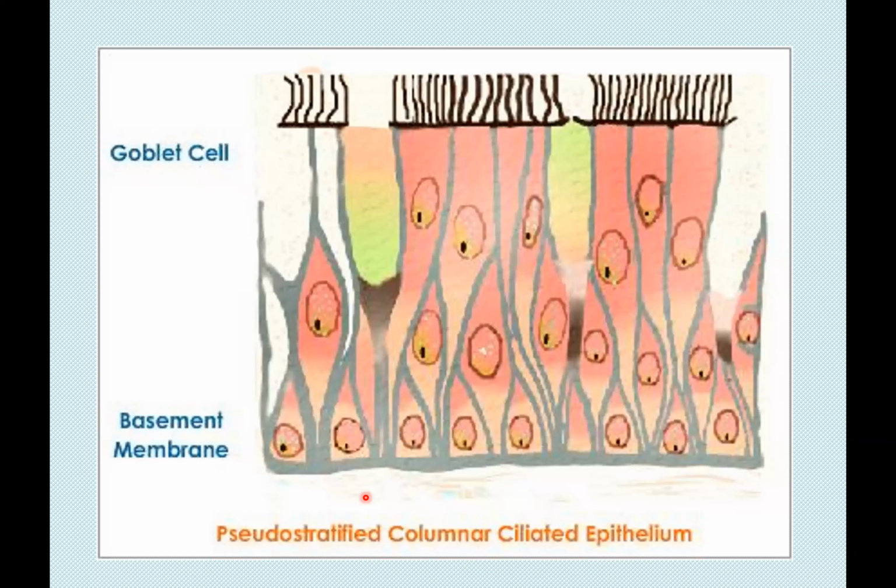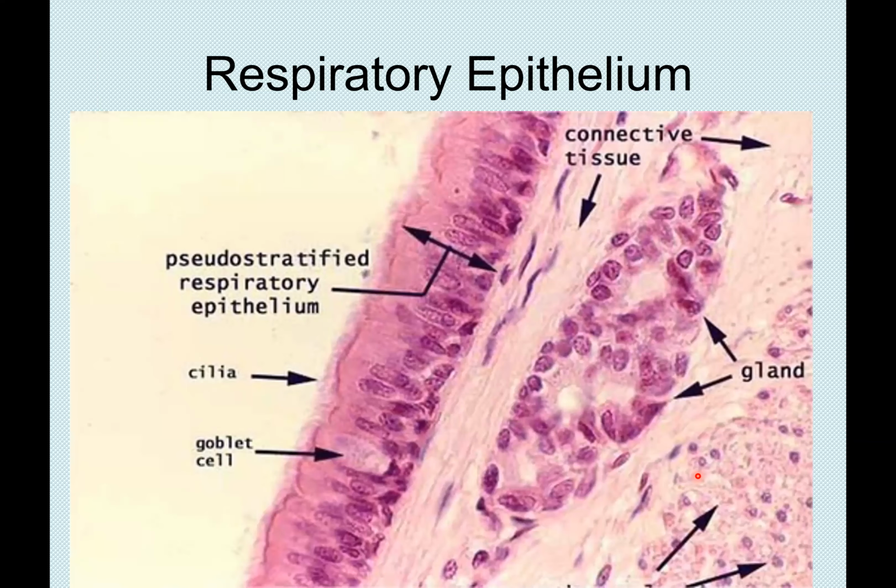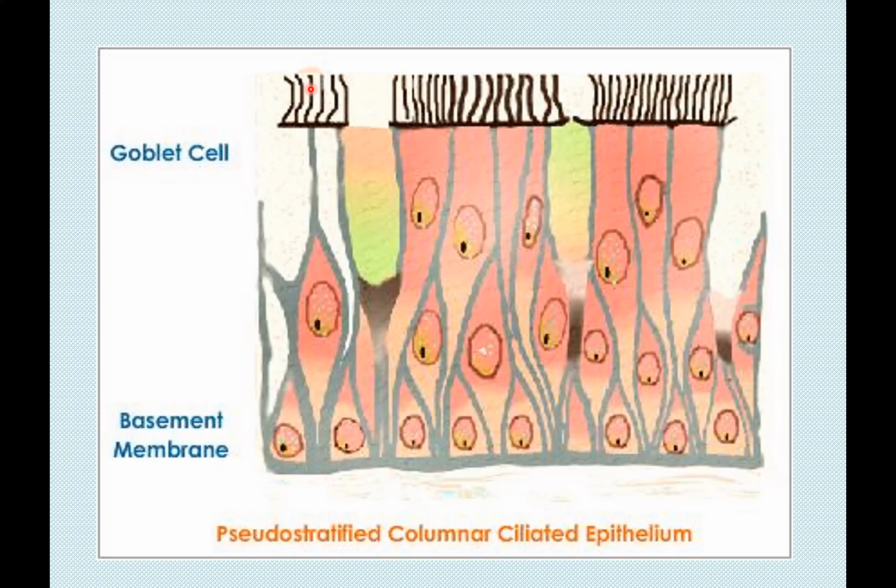This is just to show how the pseudostratified columnar ciliated cells are, okay? See that each of the cells begins from the basement membrane. And then you can see the cilia on top over here. And then these are the goblet cells, which secrete the mucus.